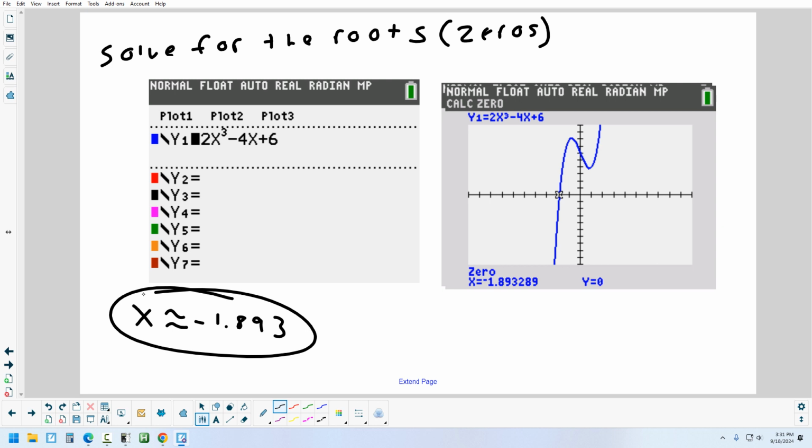I would usually say you should write it as a coordinate if it's an x-intercept, like negative 1.893 comma 0. But it depends on the phrasing of the question. But the skill is being able to find a 0 on the calculator. Any question on that? Okay.